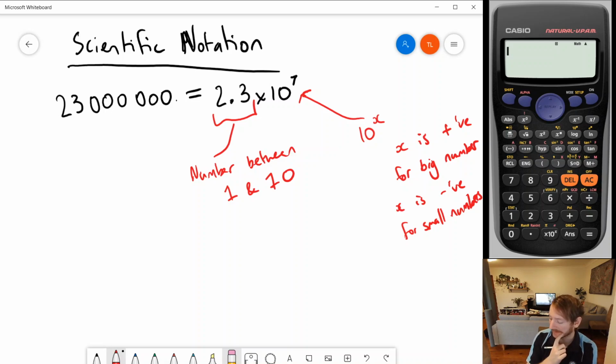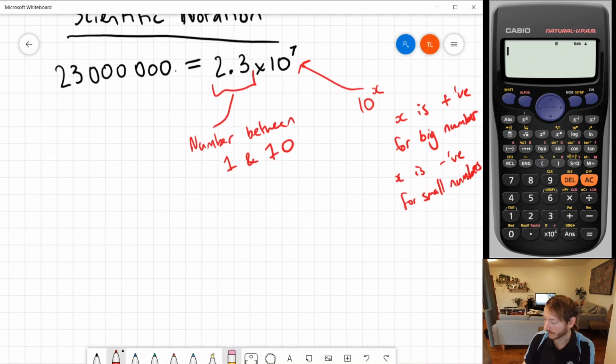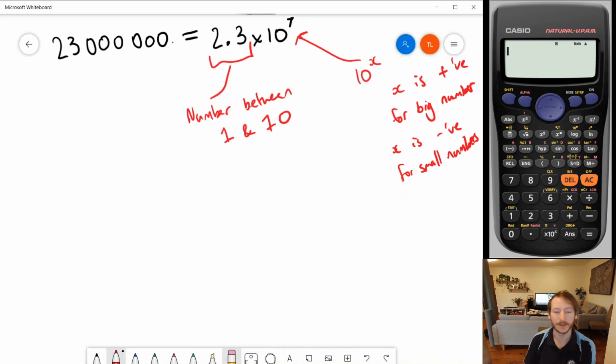What else you might like to write down? Okay, so what we need to do is be able to write numbers in scientific notation and also write numbers that are in scientific notation in normal notation. Now, unfortunately, scientific notation used to be called standard notation, and so it's really difficult to know what you're talking about, normal numbers or scientific notation.